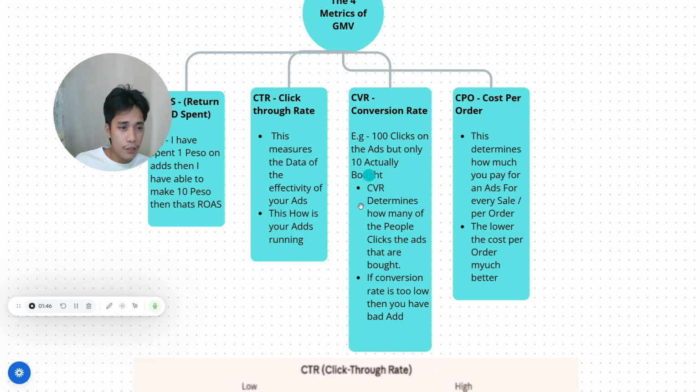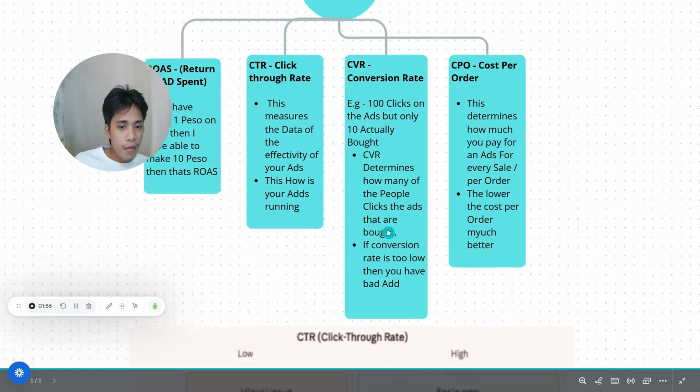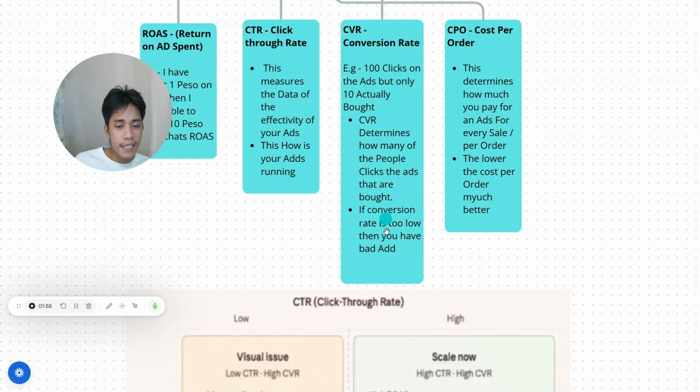So that's the conversion rate, like how many sales did you make because of that video? Conversion rate determines how many of the people who clicked the ads bought. If conversion rate is too low, then maybe you have a bad advertisement.